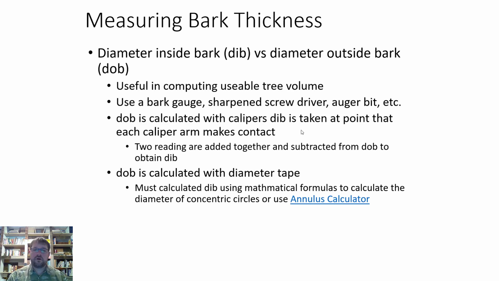Okay? But often, when people are using things like diameter tapes or even calipers and they're not taking into account the thickness on the tips, okay, then you must use a calculator to get at this. So I can pull up this calculator.